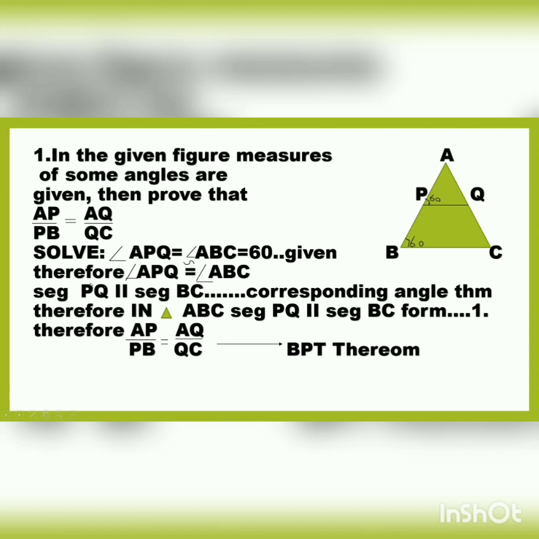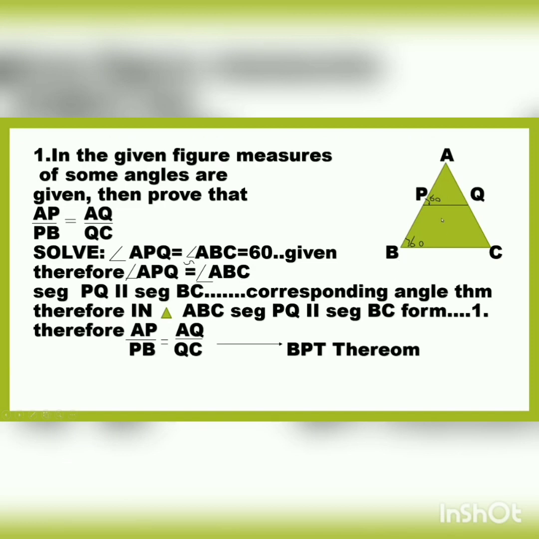To solve this example, in the given figure, angle APQ and angle ABC are given. So write down first: angle APQ is equal to angle ABC is equal to 60. Your reason is given. Write down here, reason: given. Therefore, you can write angle APQ congruent to angle ABC.